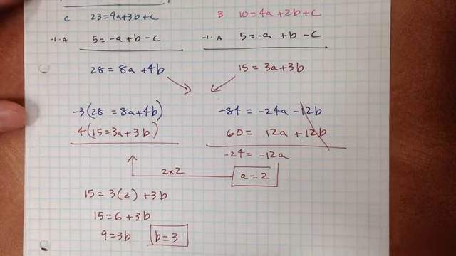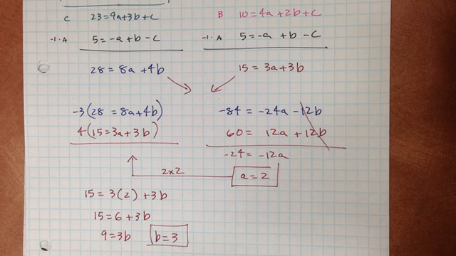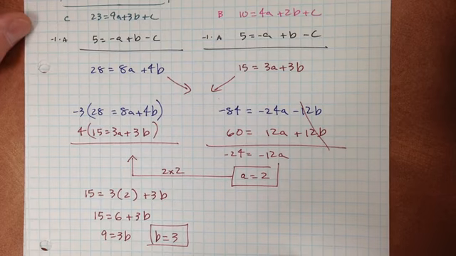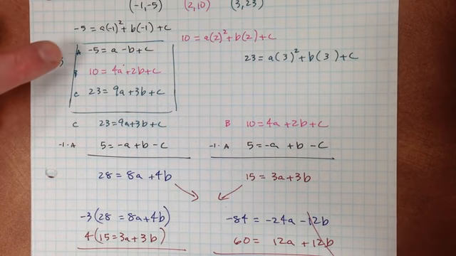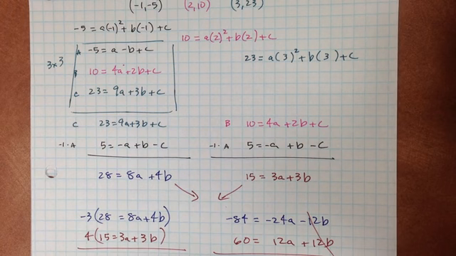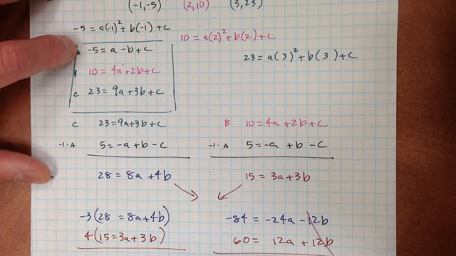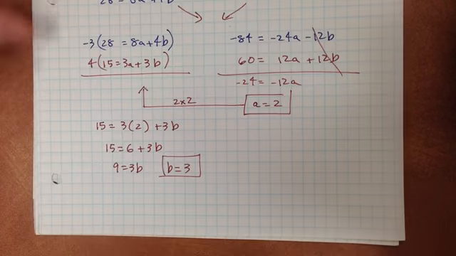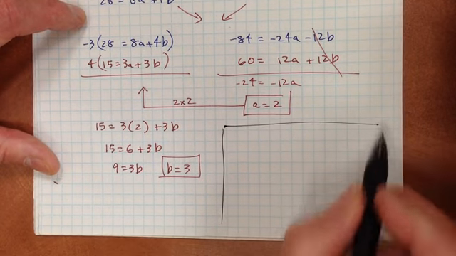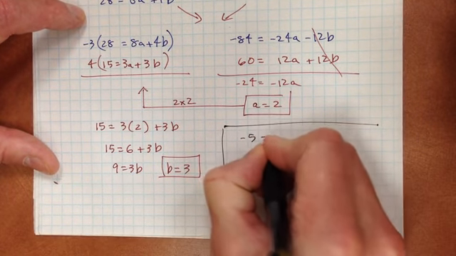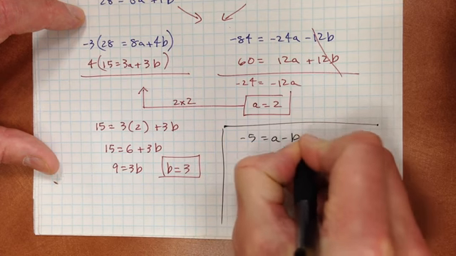Now we have two values here. I'm going to take these values of a and b and substitute them into one of my original 3x3 equations. Any one of these equations will work for you. I would choose the black equation, equation a, the original one. So I'm going to rewrite that at the bottom so we can sub in there: -5 equals a minus b plus c.